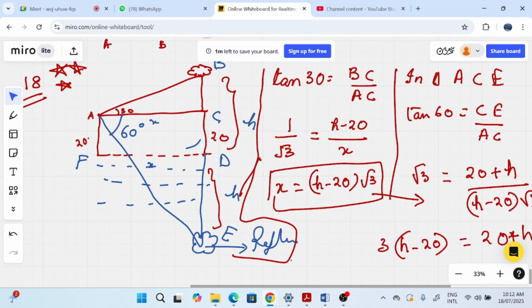That means H is coming as 40. So what is our X? X is 40 minus 20, 20 root 3. You will have to use Pythagoras theorem to find AB.